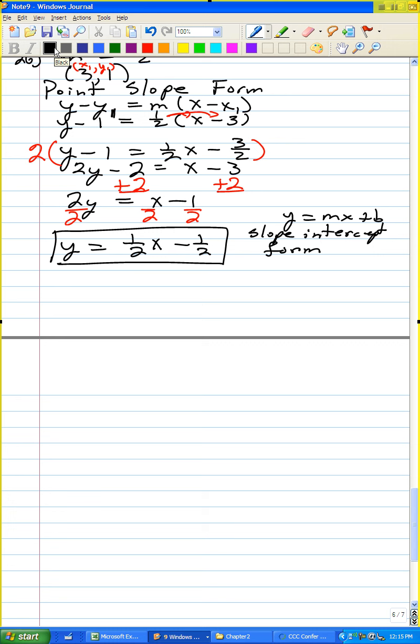Let me do problem number 70. In exercises 69 through 80, find the equation of the line with the given 2 points, and you're going to write this in standard form. Okay, so let me do that. So problem number 70.